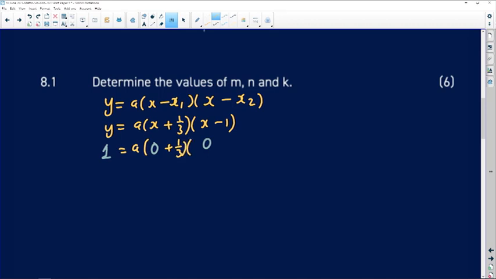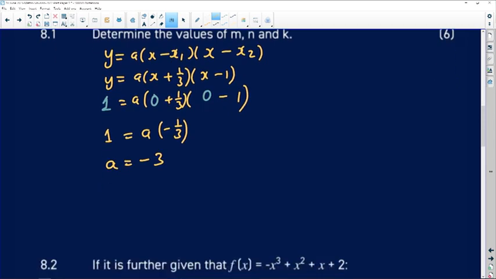So this makes our equation 1 is a into 1/3 multiplied by -1, which is -1/3. And then when you multiply both sides by -3 to get rid of that, your a value comes out as exactly -3.